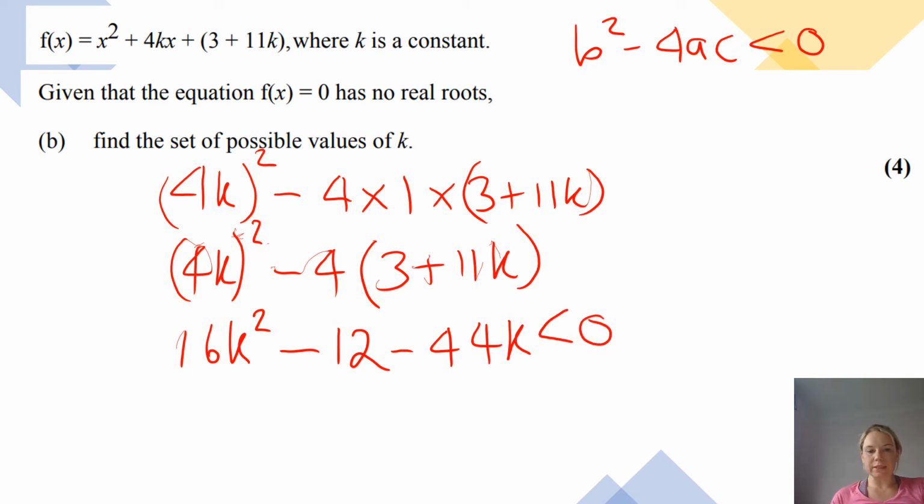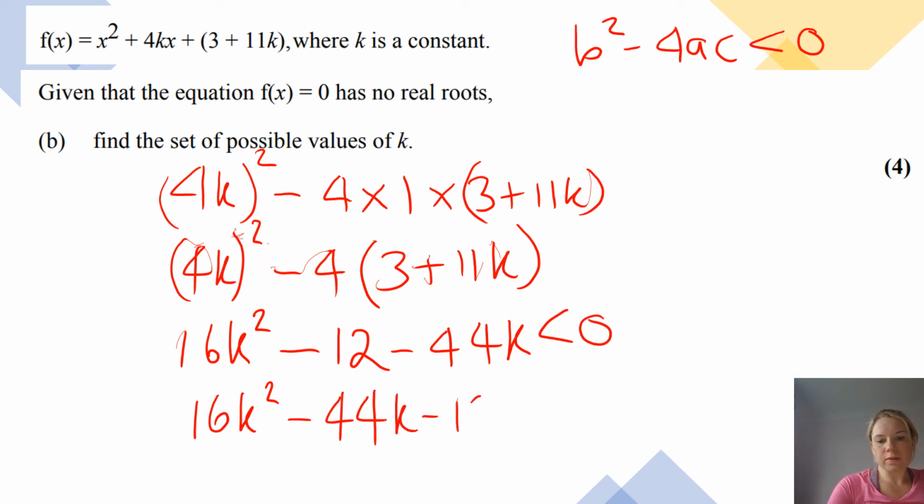So we look at this here and just change it around so it's in a quadratic format, is less than 0. If you think about it now, you've got a formula here. This just looks exactly like a normal quadratic, apart from this k instead of x's, but that's fine. And how we deal with this, we think, well, it's less than 0. This is now an equation. So first of all, you might spot that they're all divisible by 4.